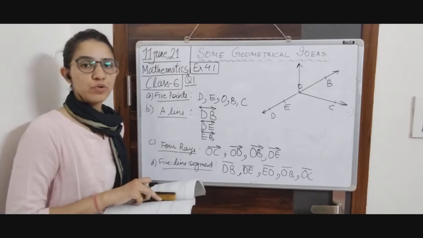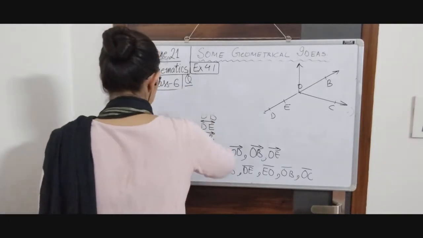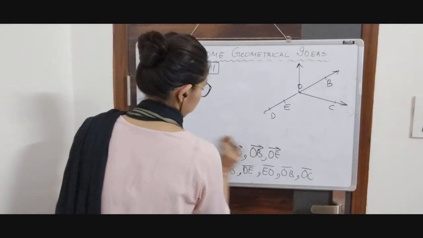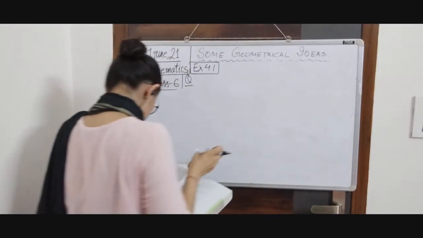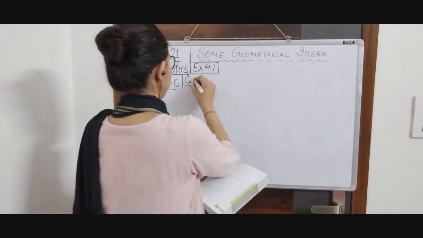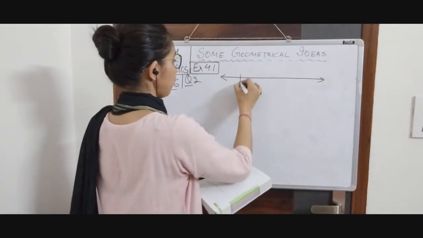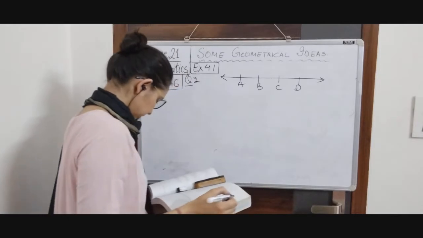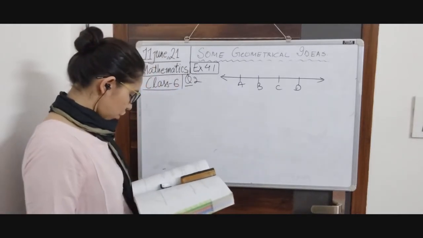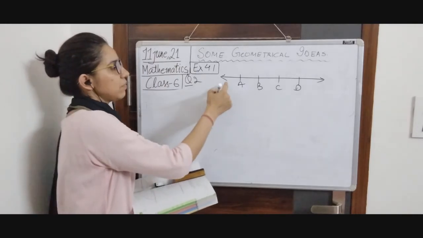Now question number 2. In question number 2, we are given a figure like this. On it we have 4 points A, B, C and D. Name the line given in all possible ways. We are saying that name this line.